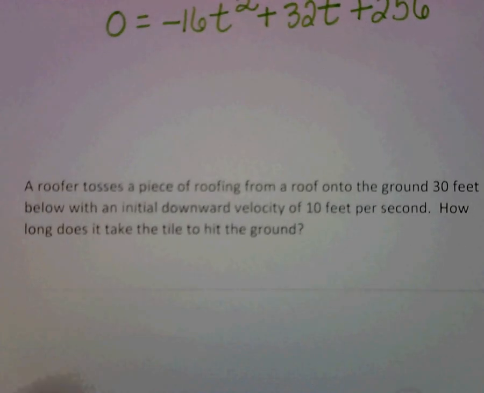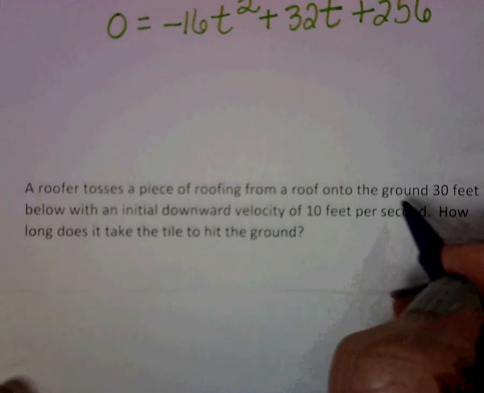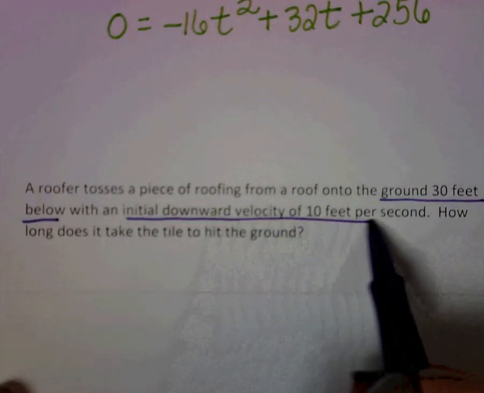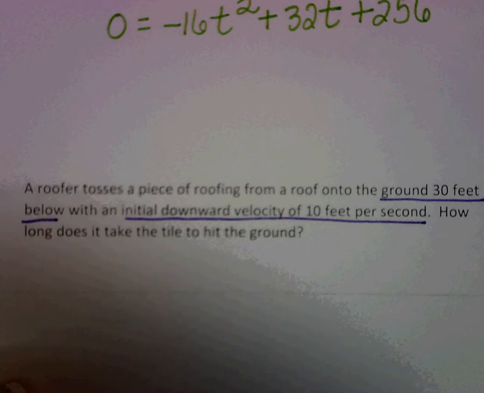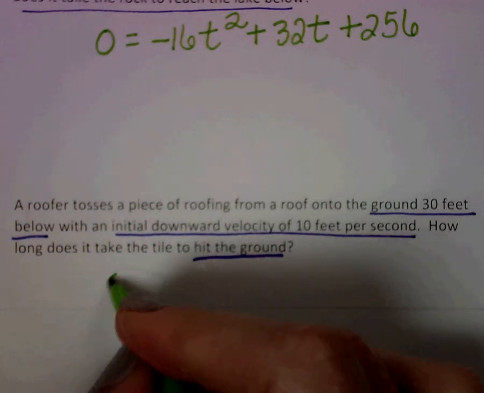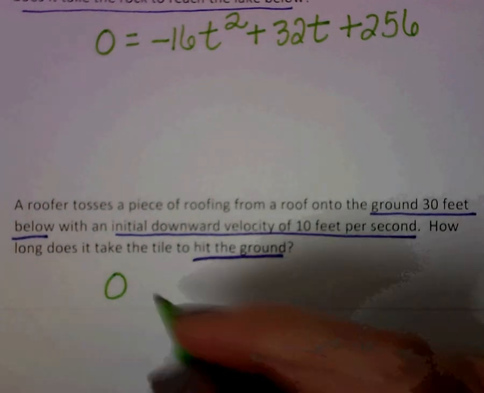Okay, looking at the next one. A roofer tosses a piece of roofing from a roof onto the ground 30 feet below with an initial downward velocity of 10 feet per second. How long does it take to hit the ground? So again, our h of t, our final height we're looking for, is 0.